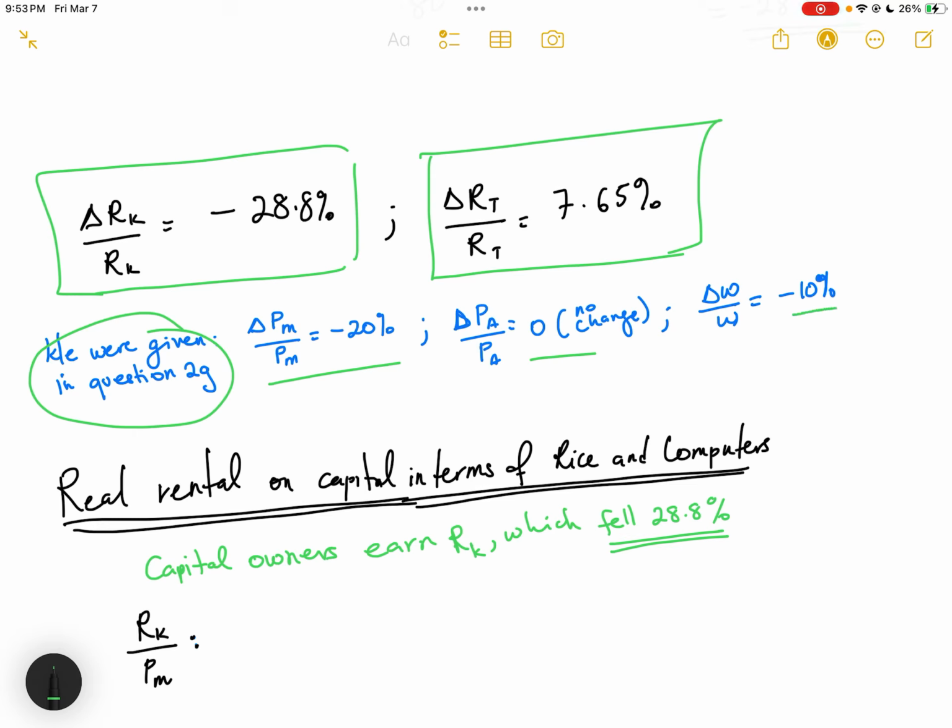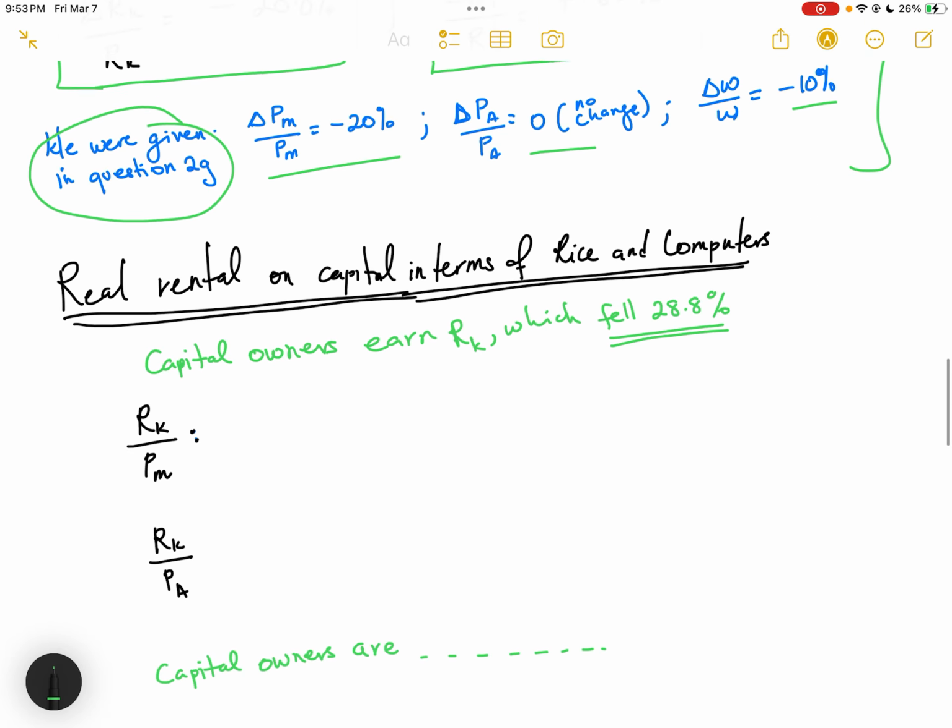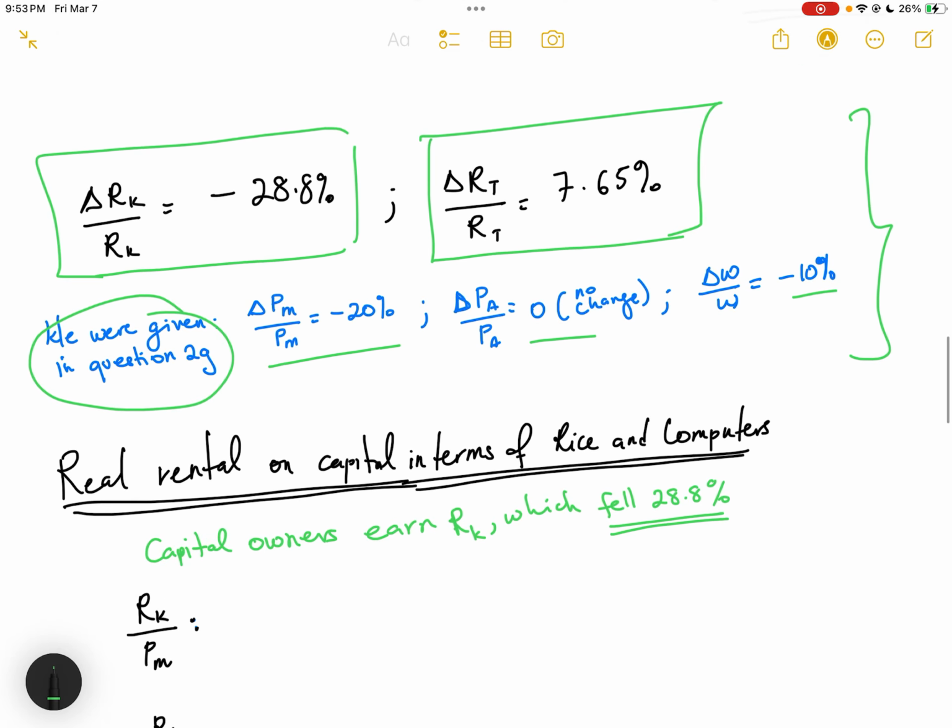So we are going to use all of this info here to figure out the real rental on capital in terms of rice and computers. So capital owners earn RK. Now RK fell 28.8%. I'm going to leave the negative sign there so people remember that it's a fall.